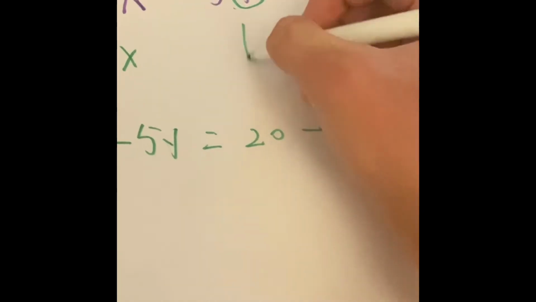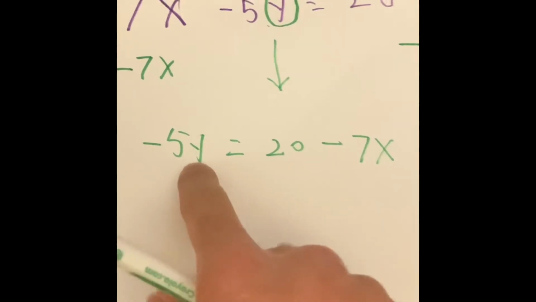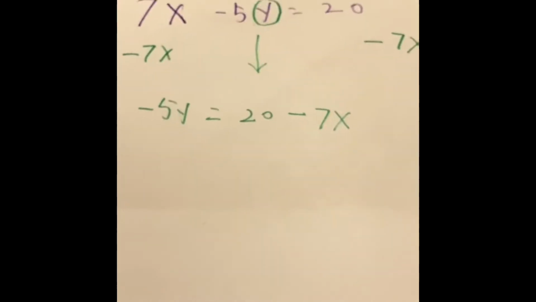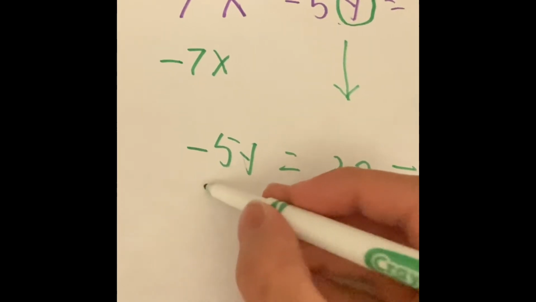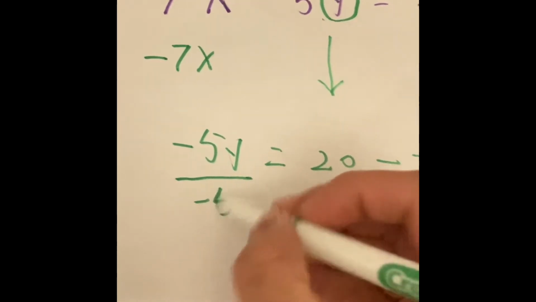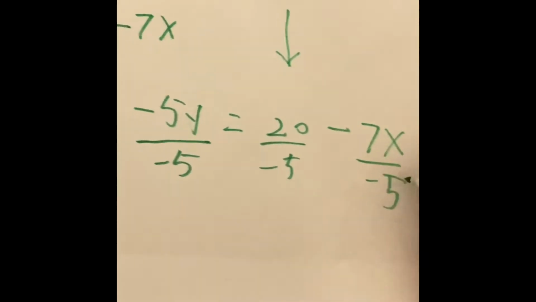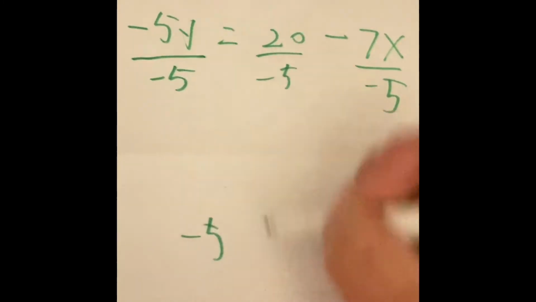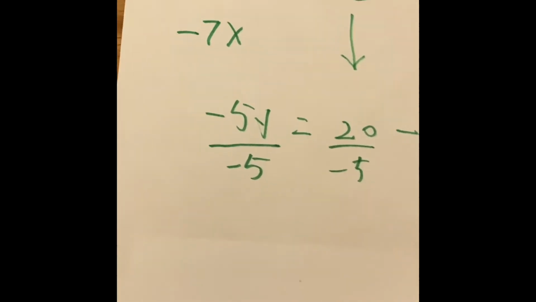Basically, we just did a step so we can get y isolated further. The next step is to simplify again and get y alone, because the negative 5 isn't supposed to be there. So we divide everything by negative 5, because negative 5y is the same as negative 5 multiplied by y, so we do the opposite.